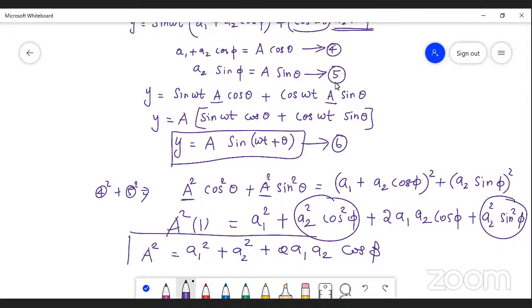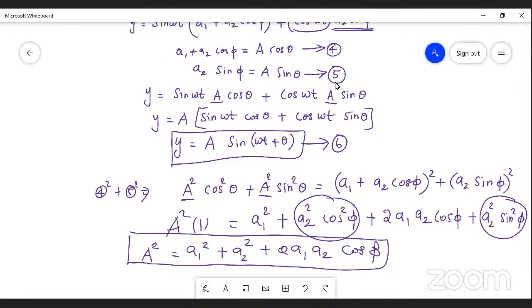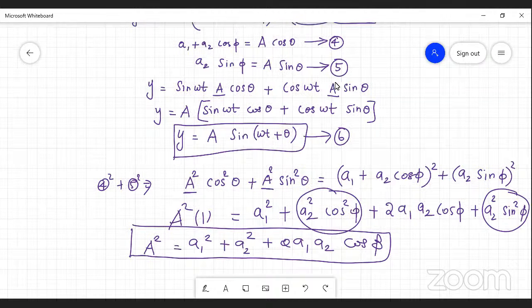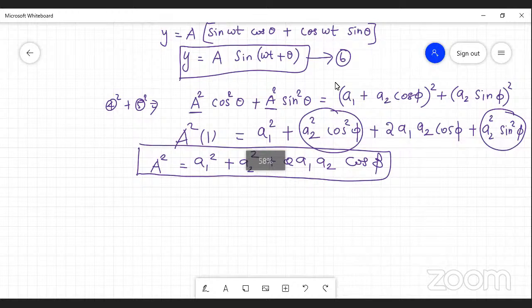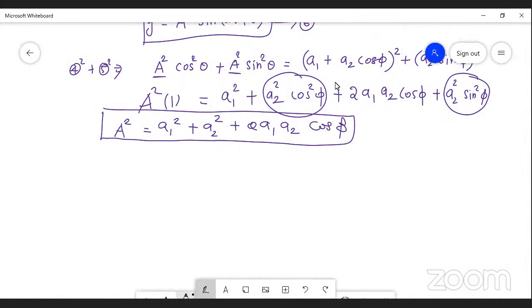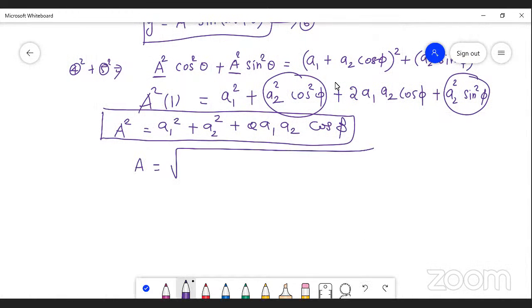It's the amplitude of the resultant value. What is the value of A? Taking the root on both sides, A is equal to the square root of A1 square plus A2 square plus 2A1 A2 cos phi.